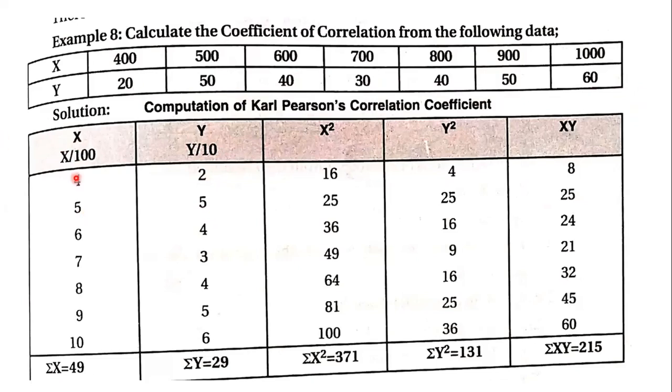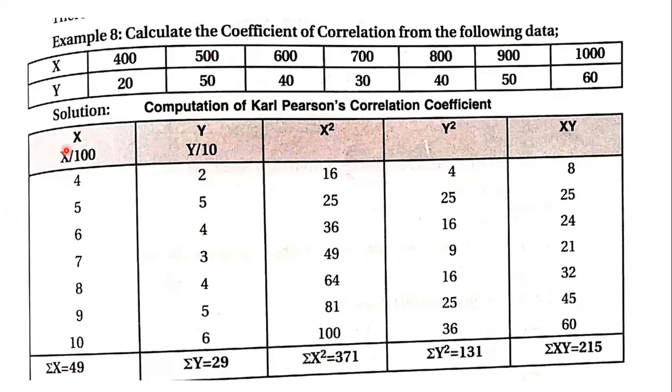Okay, now let us do the calculation for summation of X, Y, X square, Y square and XY. So summation of X, you add all the values of X, that will be 49. If you add all the values of Y, that's going to be 29. Once we get the values until here, the next step is finding the squares.